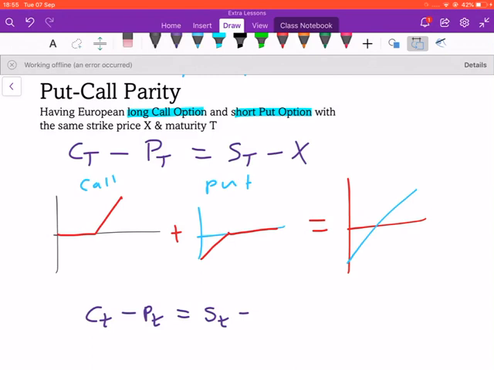So if you have either the price of a call or a put, you can then find the price of a put or a call respectively.